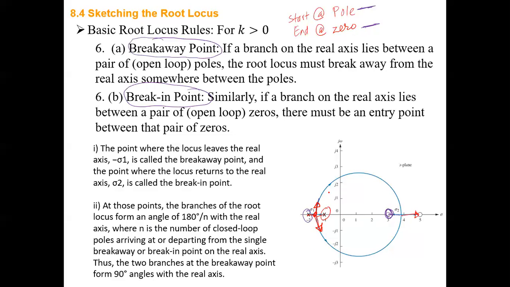How about here? It goes here and comes here, and similarly this guy goes here and comes here. What is this point? Break in. See, they are coming together towards this point. They are coming in. That's why this point is called the break in point, and this point is called the breakaway point. I am just trying to make sure you understand the concept of breakaway and break in points.